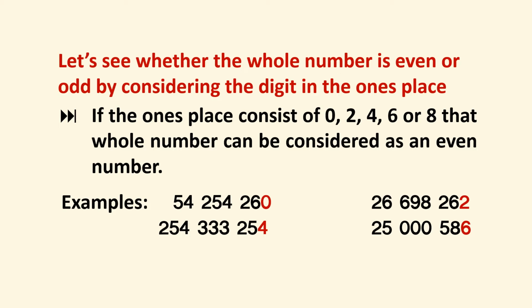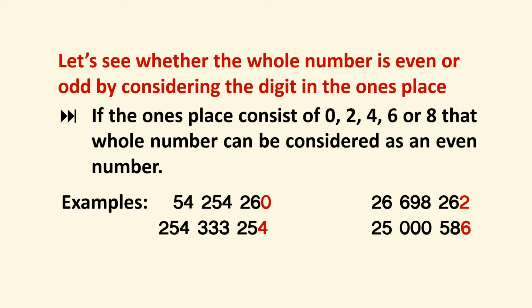Next, 254,333,254. So, the digit in the ones place is 4 and that is an even number. Therefore, I can say 254,333,254 is an even number. Next, 25,586. So, the digit in the ones place is 6.